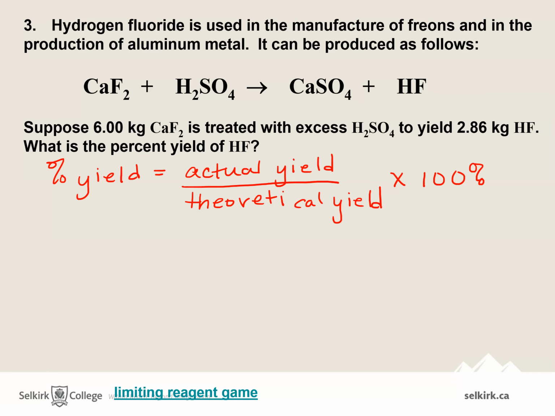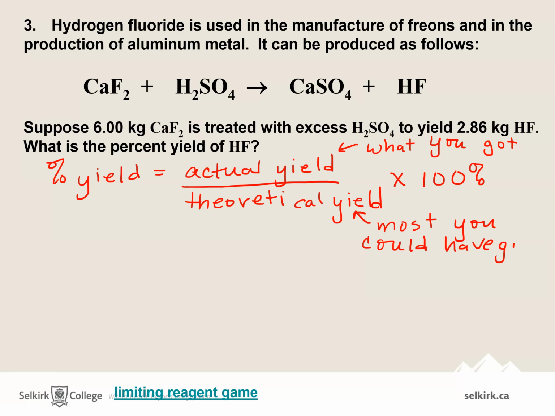You gotta know what it means in your gut. Again, the actual yield is what you got, and the theoretical is the most you could have gotten. In other words, as always, the part over the total.